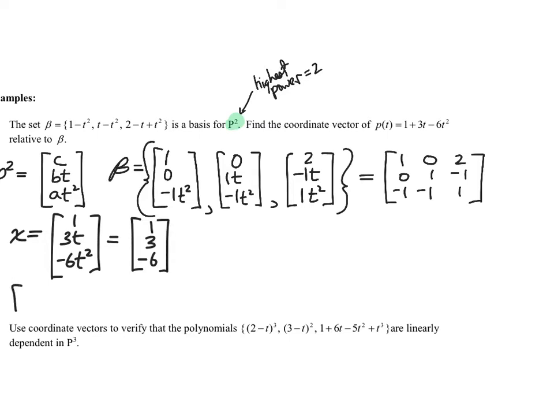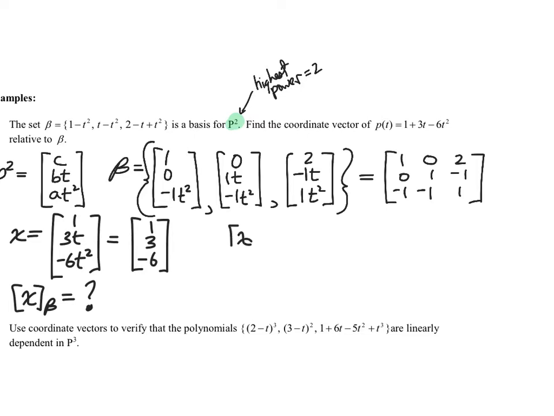And we're looking for x sub beta. We're looking for the x in beta world. Based on what we covered on the previous page, it's not going to be difficult because we already did all the hard work. That was the setup.